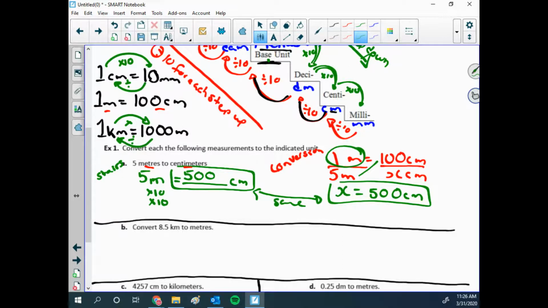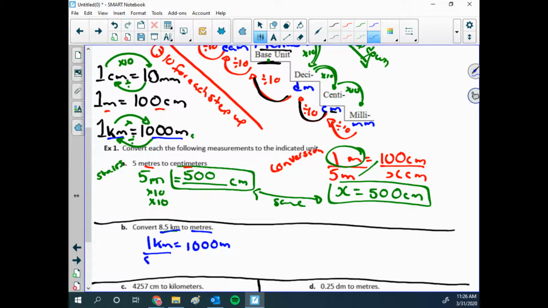Convert 8.5 kilometers to meters. I'm going to choose the conversion factors for this question here. So I'm going from kilometers to meters. So I'm going to use this conversion factor: in 1 kilometer, there are 1,000 meters.